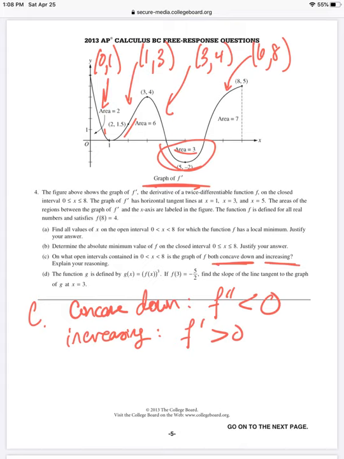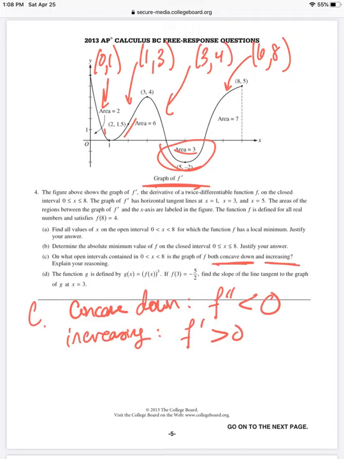Now I got to figure out where it's concave down, where the second derivative is negative. Well, the second derivative is what? Second derivative is the derivative of the derivative. We have the first derivative, so I just got to now look at the slopes. Now I'm looking at slopes, and I'm trying to figure out, is the slope positive or negative? Let me highlight where it is.